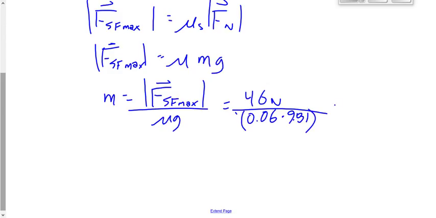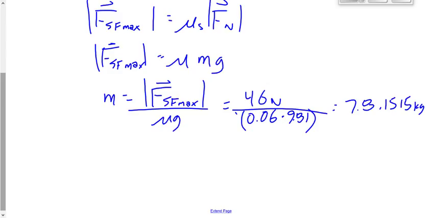Times 9.81. We do the math there, it works out to be 78.1515 kilograms.